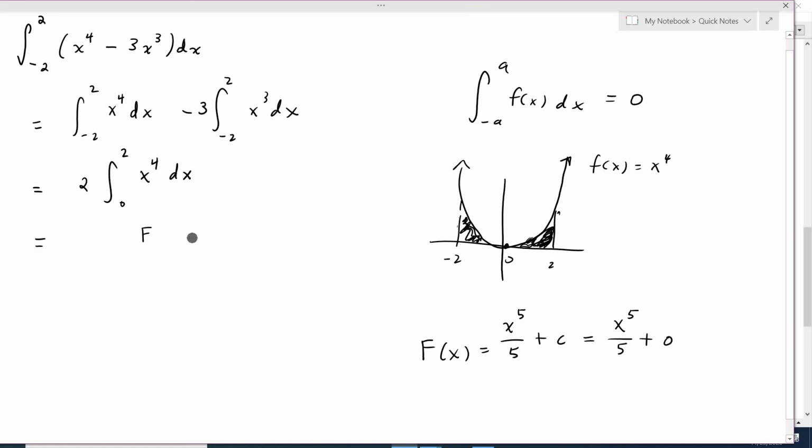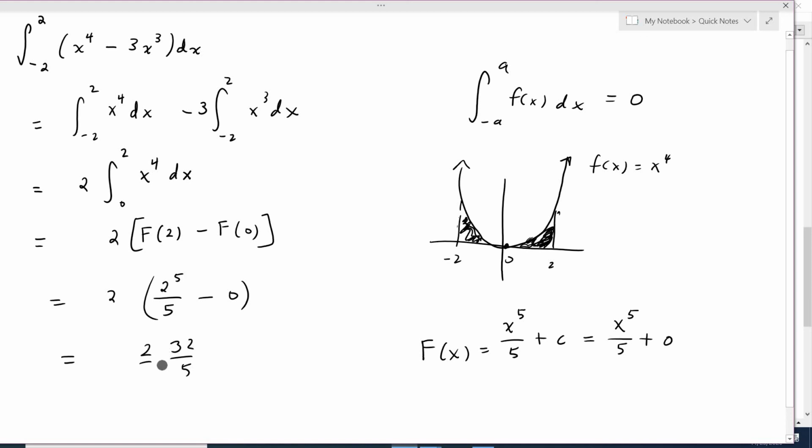Okay, so we end up with f evaluated at the upper limit minus f evaluated at the lower limit, and then all times 2. Okay, so f evaluated at 2 is 2 to the fifth over 5. And then f evaluated at 0 would just be 0. So 2 to the fifth would be 32. So this is 32 over 5.